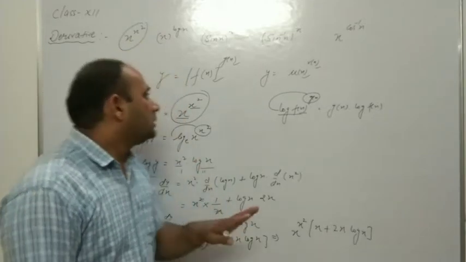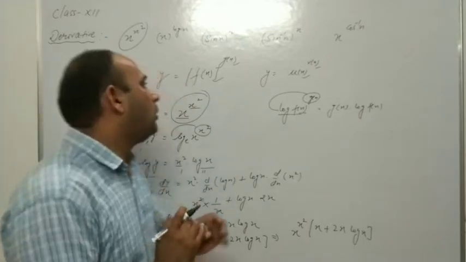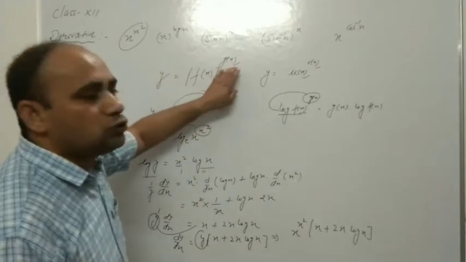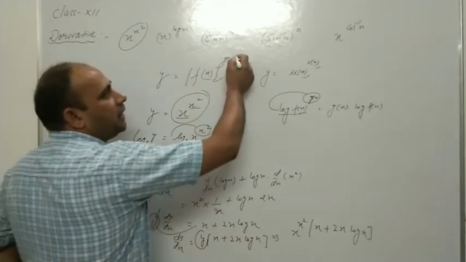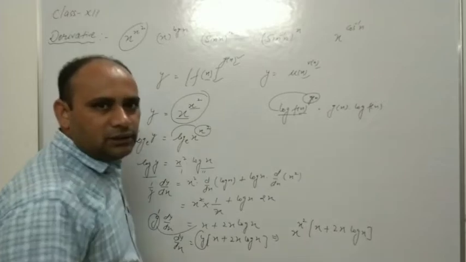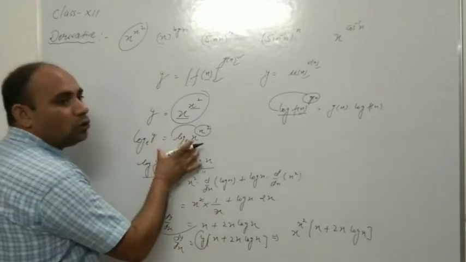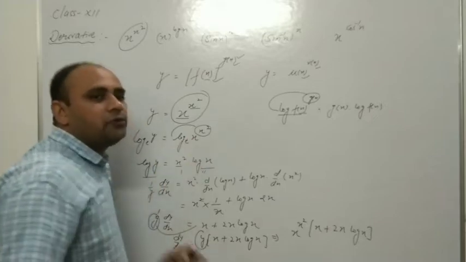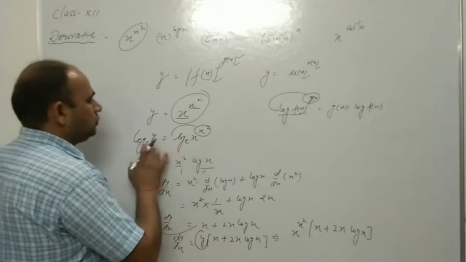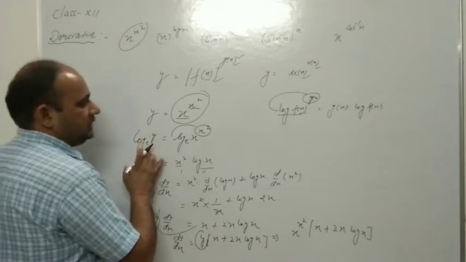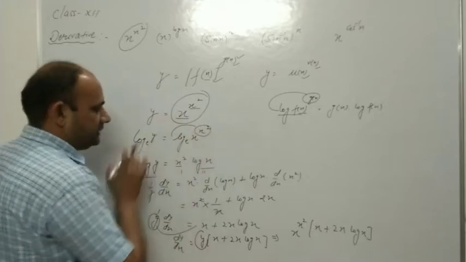Dear students, listen again. If we have a function in the form of f(x) raised to the power g(x), meaning here x, and in the power also x, then we will apply log on both sides with the base e. Log y to the base e is equal to log of x square to the base e.